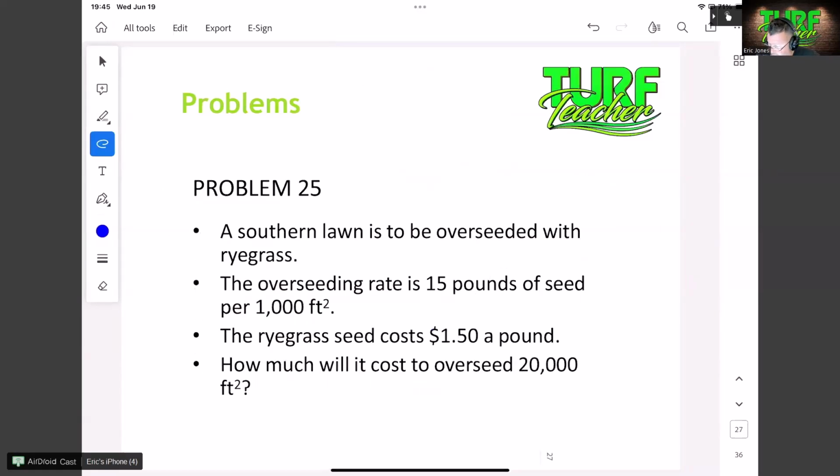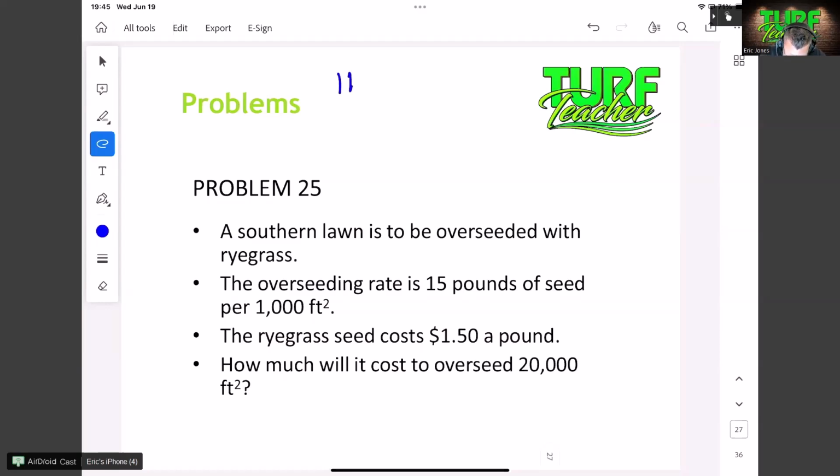Problem 25. A southern lawn is to be overseeded with ryegrass. The overseeding rate is 15 pounds per 1,000. The ryegrass seed costs $1.50 a pound. How much will it cost to overseed 20,000 square feet?